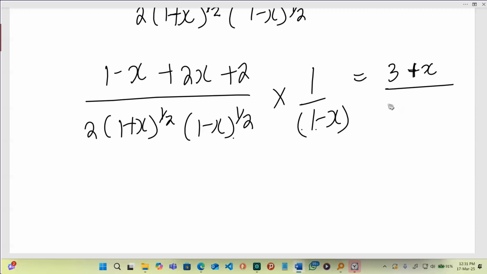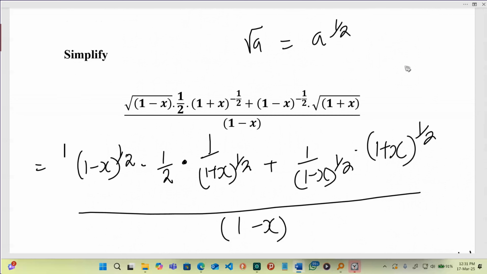So I'll have 2 into (1 plus x) power a half, then into (1 minus x) power 3 out of 2. So this thing here will reduce to (3 plus x) divided by (1 plus x) power a half, and that is 2, then into (1 minus x) power 3 out of 2.